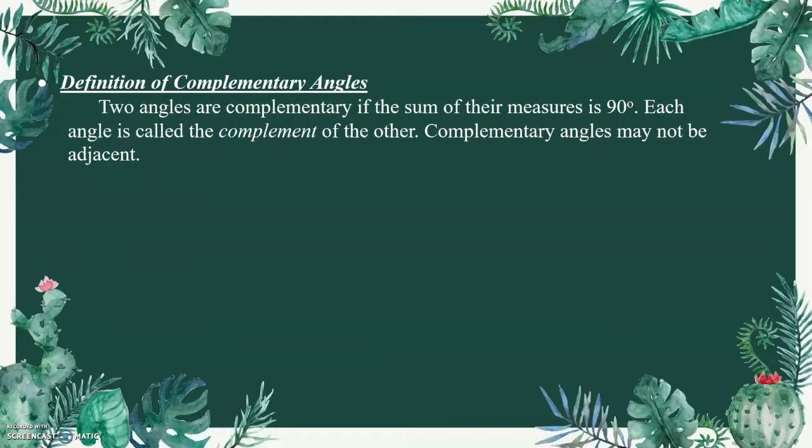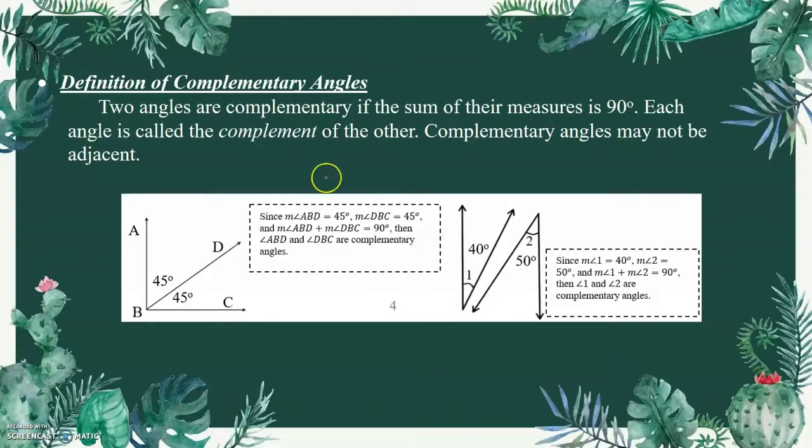Now let's proceed to the definition of complementary angles. So two angles are complementary if the sum of their measures is 90 degrees. Each angle is called the complement of each other. Complementary angles may also not be adjacent. Alright, to illustrate, we have here angle ABD and angle DBC.